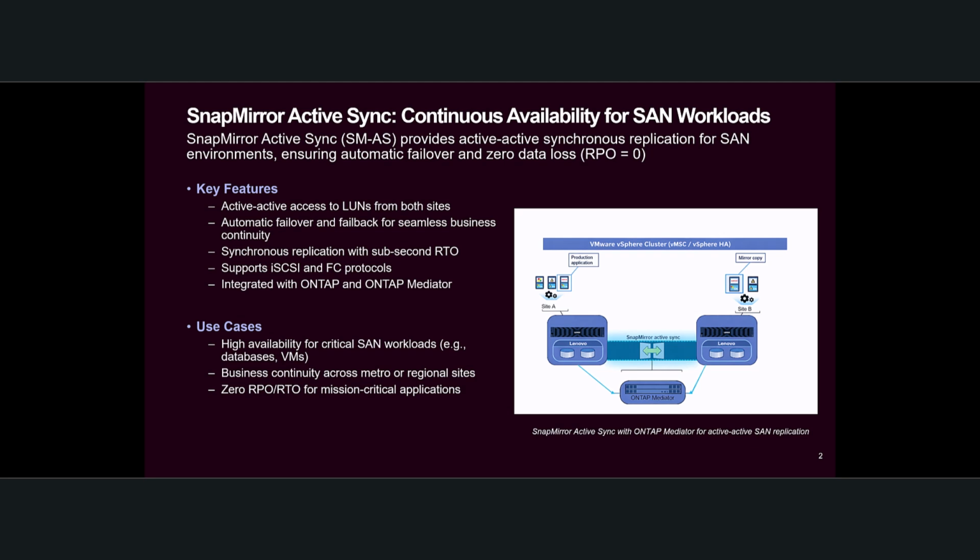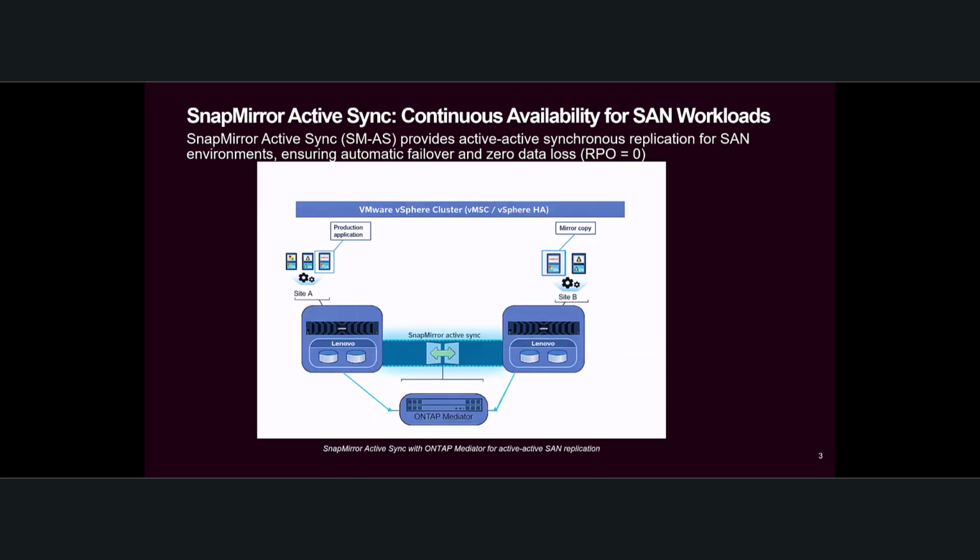The ONTAP Mediator also plays a critical role in preventing split-brain scenarios by acting as an independent tiebreaker during failover events. This solution is commonly used for mission-critical workloads such as databases and VMware virtual machines.